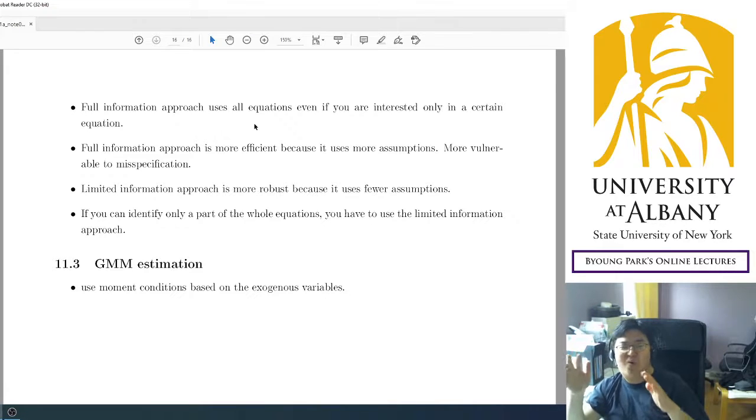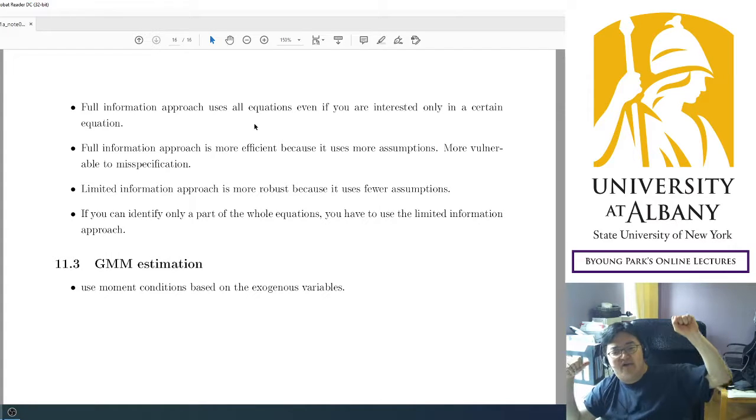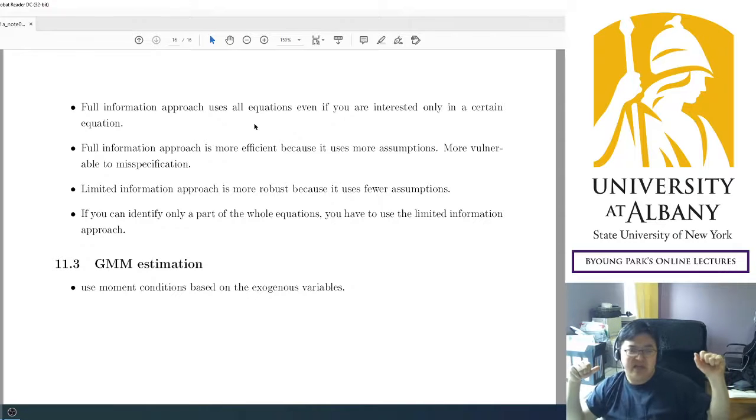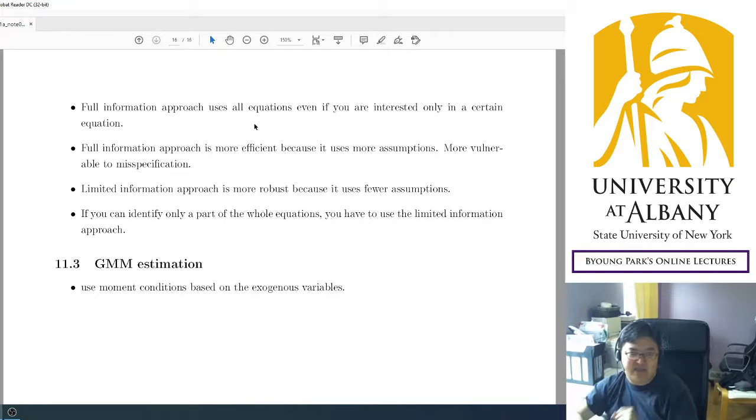But on the other hand, you are making a lot of assumptions. You are interested only in the stock market, but you have to make assumptions in the labor market, in the trade market, and in other markets. So if you use all the information at the same time, and say the labor market assumption is wrong, then its misspecification bias may create some bias in the financial market, which is a problem.